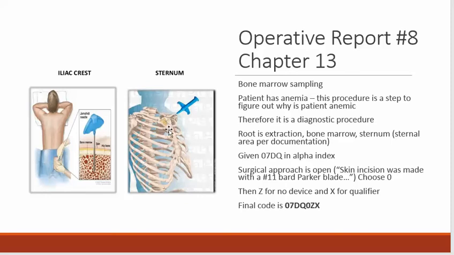So they're cutting in through to get to the sternum. In this case, they're cutting in, and it says skin incision. So that makes an open surgical approach. So we choose 0. There's no device, and X is our qualifier because this is diagnostic. It's a bone marrow extraction, or bone marrow sampling, or bone marrow biopsy.